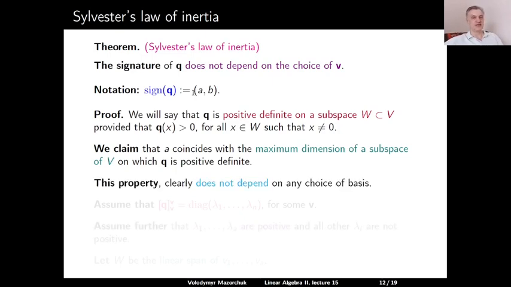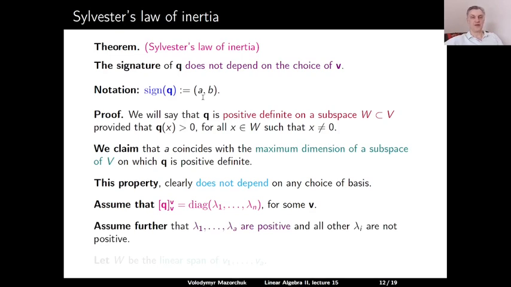This property, of course, doesn't depend on the choice of the basis, and this will give us independence of A of the choice of V. So first, let us assume that the matrix of Q is diagonal for some basis V.